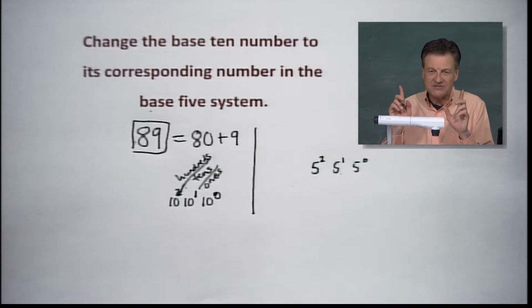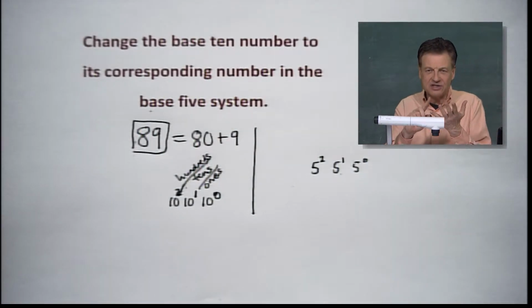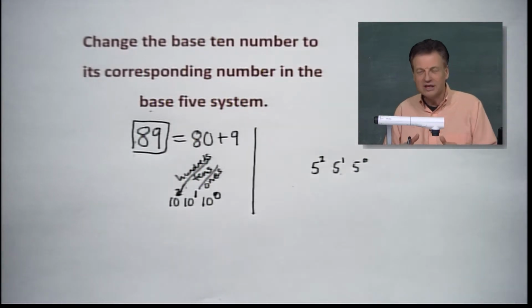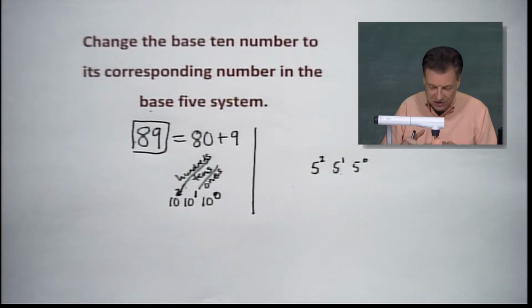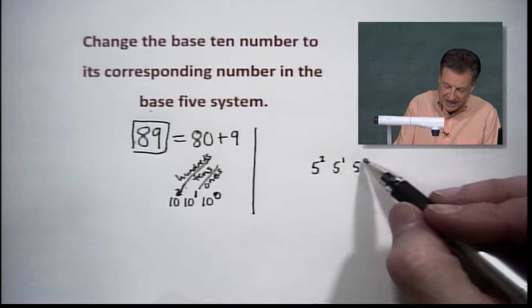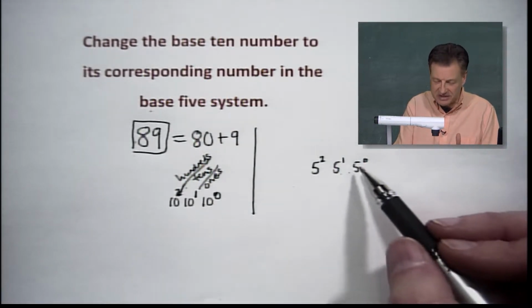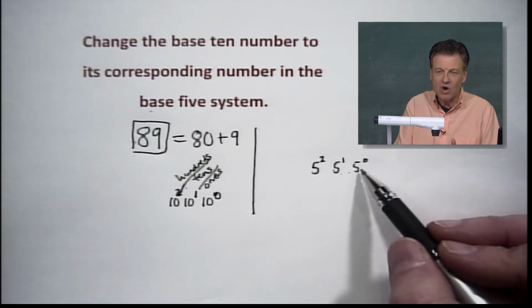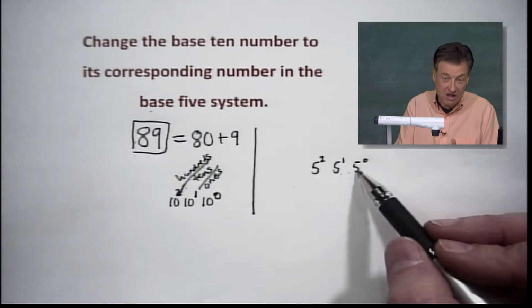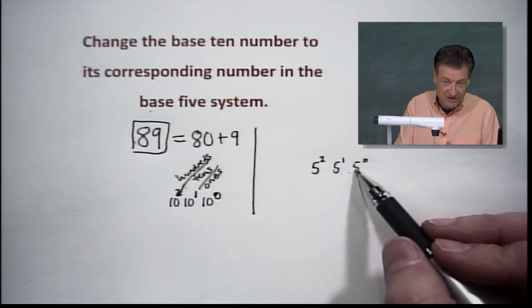By the way, in the base 5 system, you're only allowed to use the digits 0, 1, 2, 3, and 4. Is that not cool? So you're like, gosh, what are we going to do? In other words, once I get to 5 units, that basically means I have a 5 and no ones. So it'd be 1, 0, base 5. That's what we'll call it. Not 10, but 1, 0, base 5.